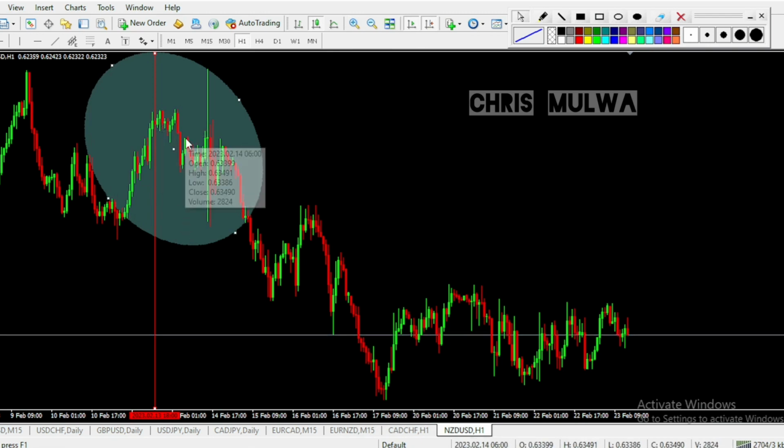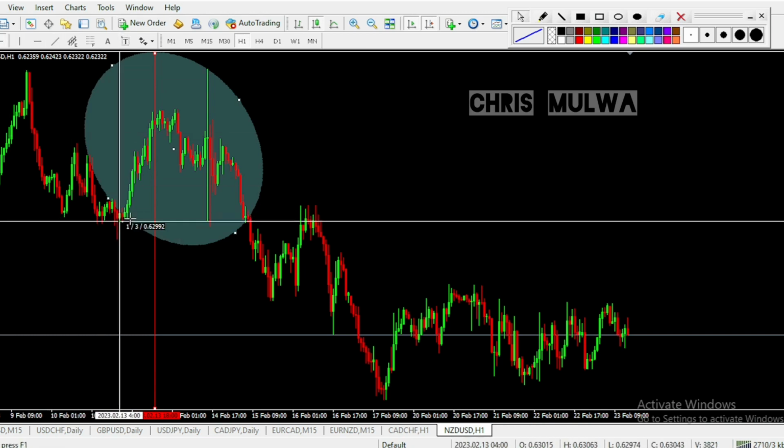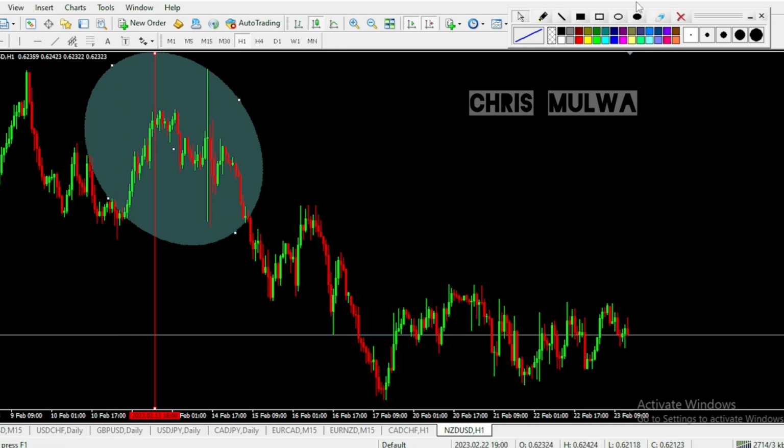After this, the market was dropping. Now you see the market went up how many pips? The market went up around 60, around 70. Let me say 70 pips. So the market here went up around 70 pips, then it went down and broke the low that was there.